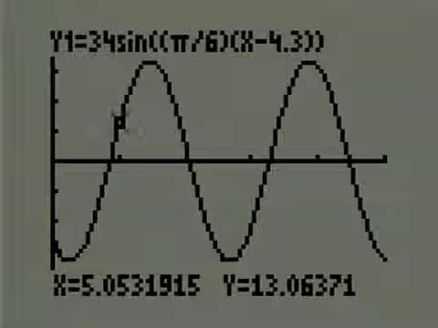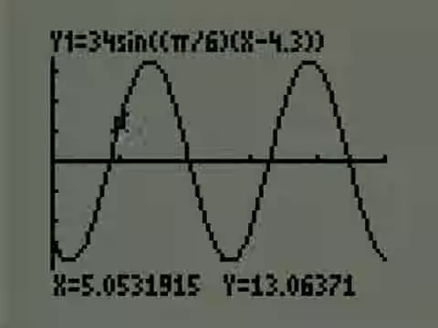And we'll see that the value is y equals 13. But remember that this particular graph is off just a little bit in terms of the phase shift for it. And so remember we had to subtract 1 from this. So that would be coming out at about 12, which is the value that we just calculated using the actual formula for the function.